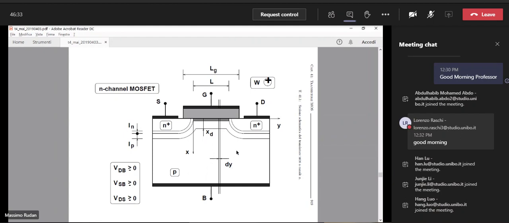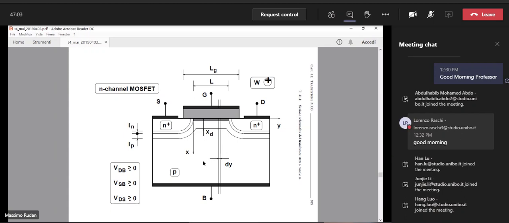Another observation is this. This device, in contrast to the bipolar device, okay, this device is symmetric from left to right, because the geometry is symmetric, and also the 2 dopants distributions of the source and drain regions are equal to each other.